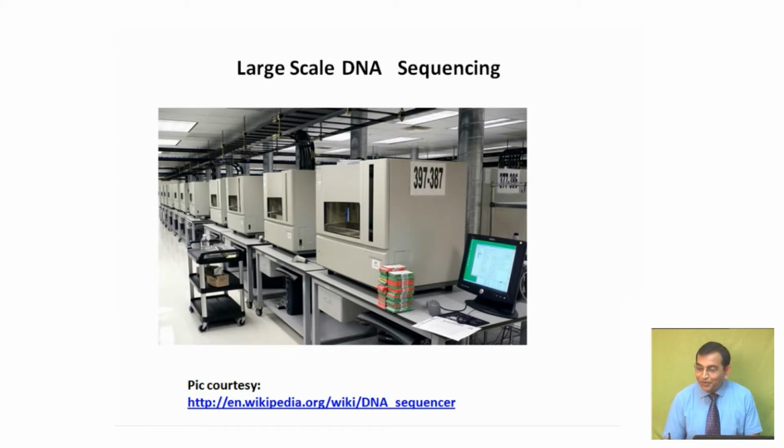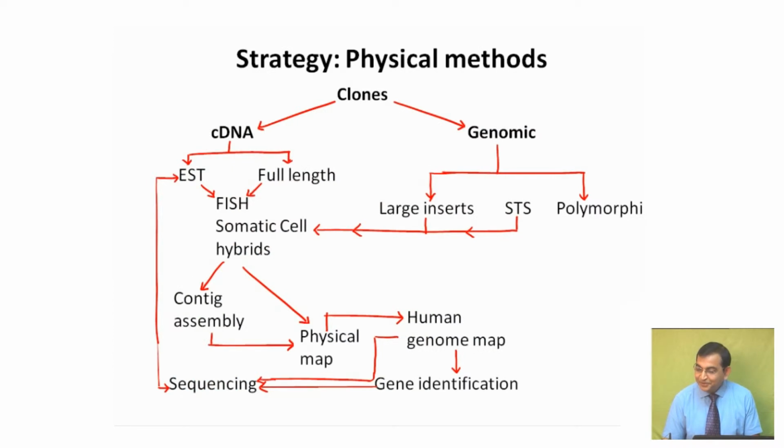Strategy of human genome mapping, that is the physical methods. Human genome mapping starts with the isolation of cDNA clones and genomic clones. From the cDNA clones, or complementary DNA clones, expressed sequence tagged EST clones and full-length clones are derived.